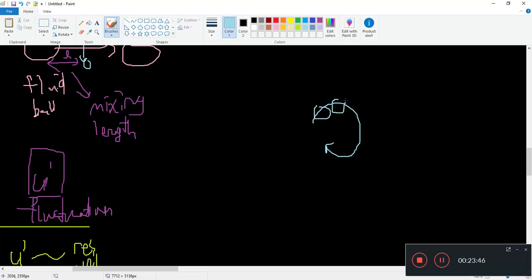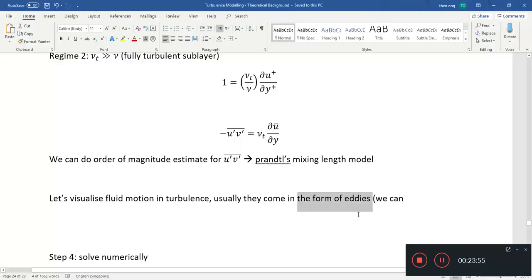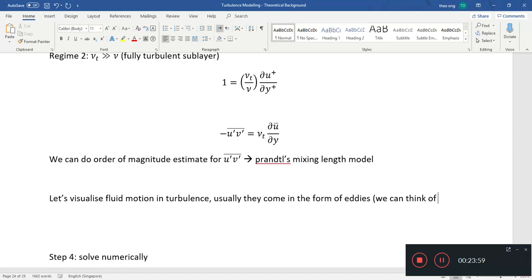It's like you have these fluid globules going around in a circle. So these are the fluid balls we are talking about in the mixing length. Think of eddies as balls of fluid going round in circles.